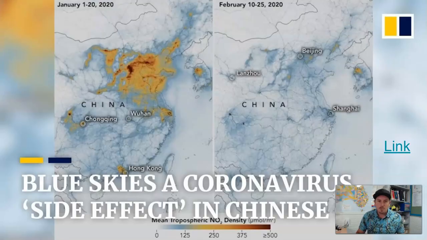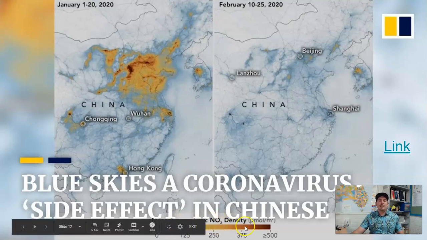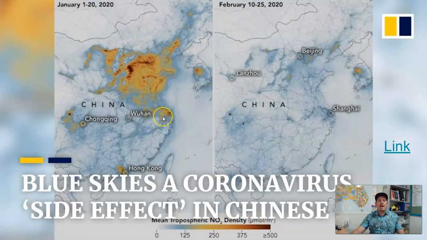Well, one thing that's come out is that in China, and you can see here in this image, the nitrous oxide density, which is outlined down here and is shown in this map here, has reduced drastically from January to February in the time that everyone was forced to stop driving cars, stop flying around in planes, and other things that produce carbon dioxide and nitrous oxide, which is a huge benefit.